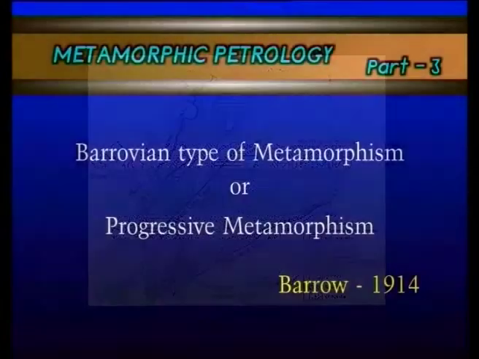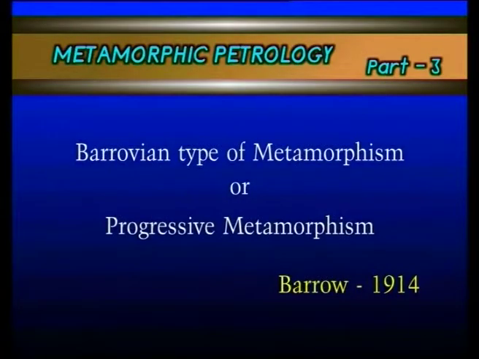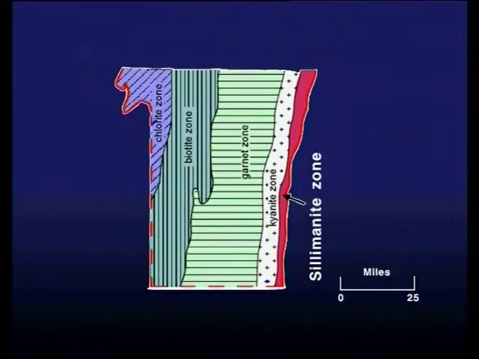Barrow, while mapping the Dalradian schist of the Scottish Highlands, was the first person to map that area and find out the zones of metamorphism on the basis of index minerals.